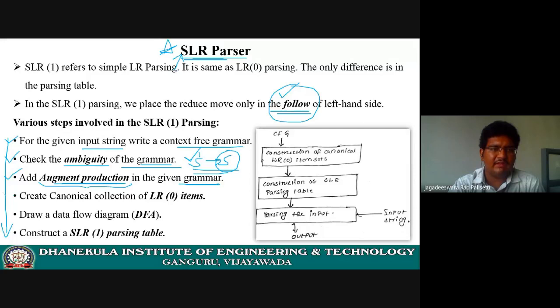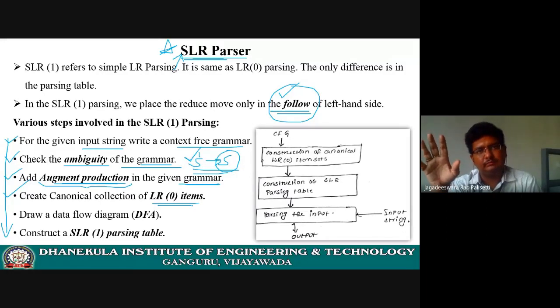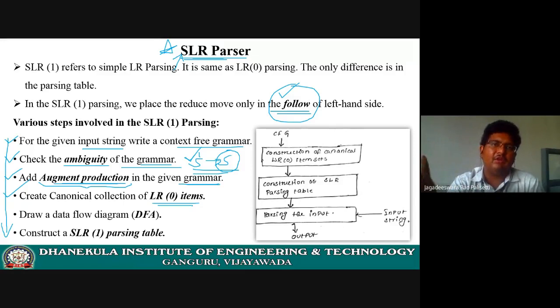And next we will go for the creation of LR(0) items. Creation of LR(0) items in the sense that we have to make use of the dot operator at the RHS of the production rule. This particular initial item set may derive some more item sets. All these combinations of item sets, we call a state.